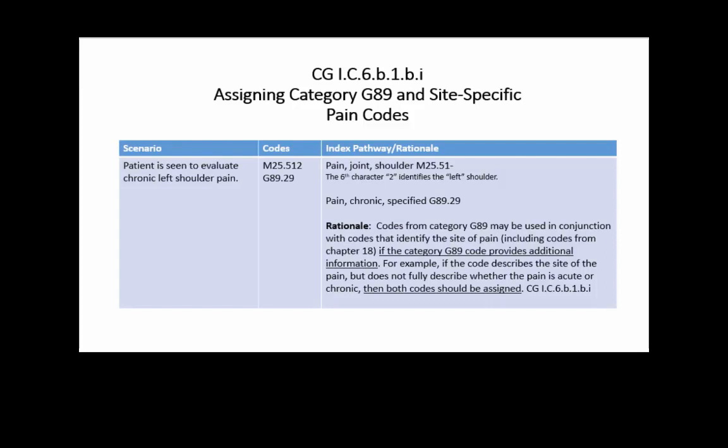So even though the patient is being seen to evaluate the pain, that pain in the shoulder is going to be the principal diagnosis, but the pain in the shoulder does not tell the doctor or the reader if the pain is acute or chronic. And because we have a chronic pain code for specified sites, we would use it in this example, G89.29. We're using that G89 category code because it provides additional information.